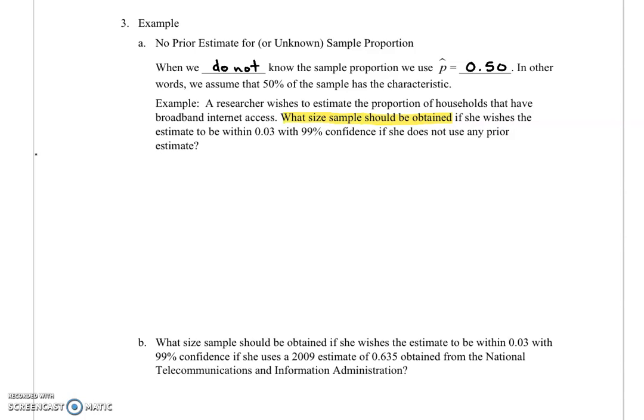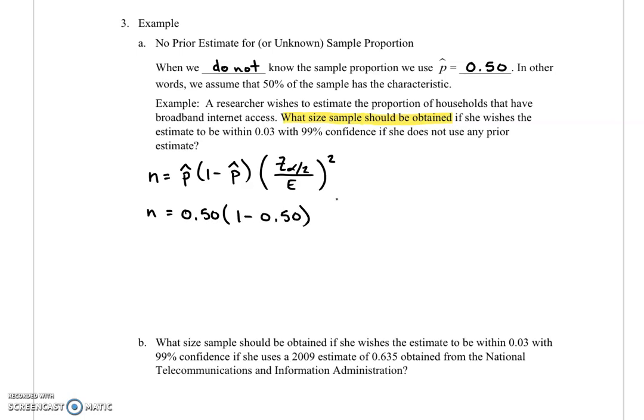If she wishes the estimate to be within 0.03 with 99% confidence, if she does not use any prior estimate, well, n is p hat times 1 minus p hat times z sub alpha over 2 over the error, whole thing squared. So if we just substitute in our numbers, our p hat, we don't know it, so that means it's 0.50. And then we have 1 minus 0.50.